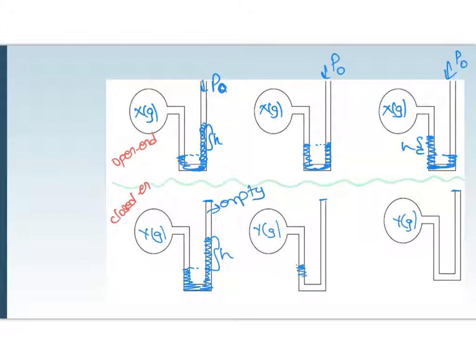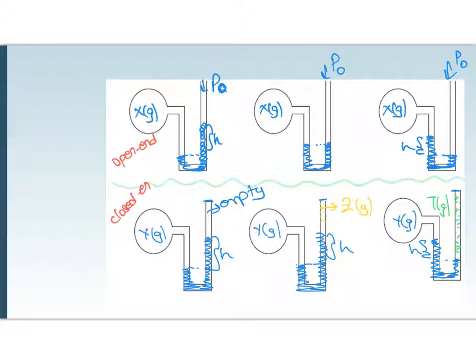For this one you have again a mercury level difference of H here. Let's say you have another gas here, let this be the Z gas. Then we draw this vice versa. There is an increase on the left arm of the manometer. Again, there is some H here. Let's say in this case you have some T gas here.